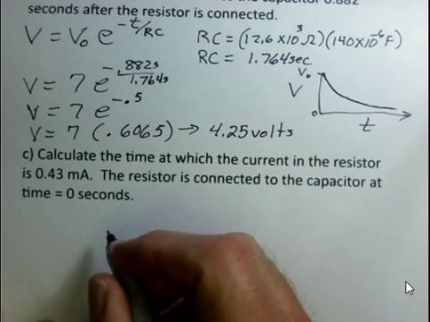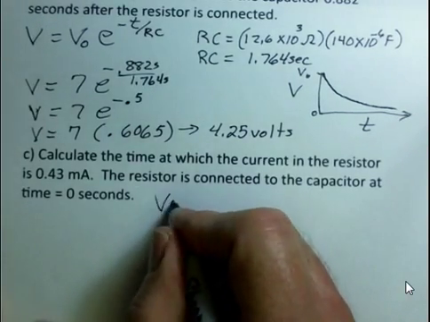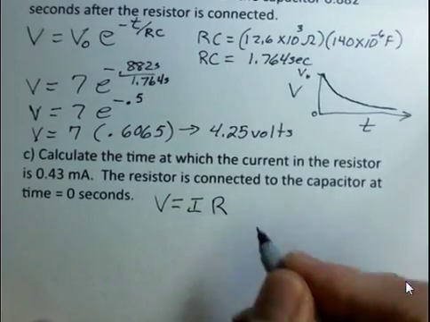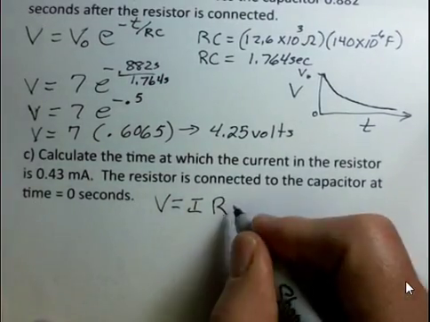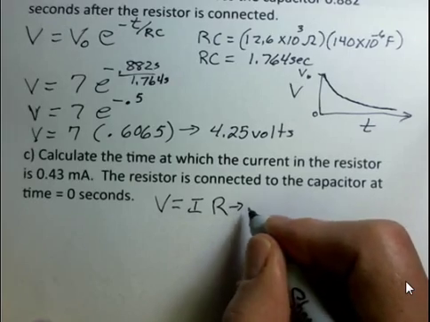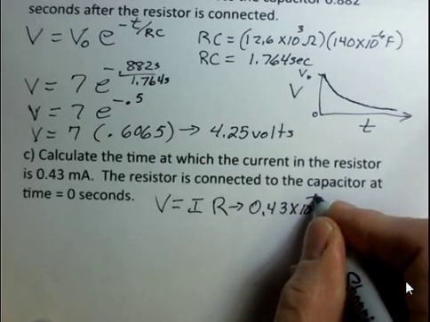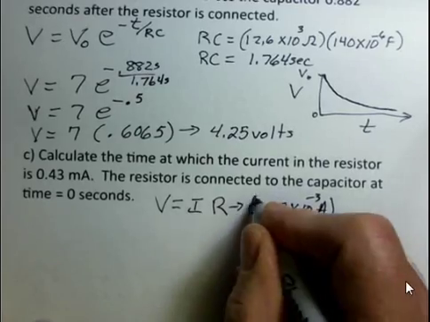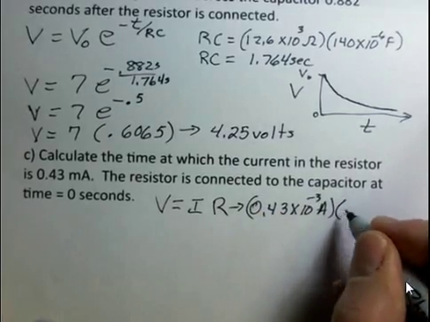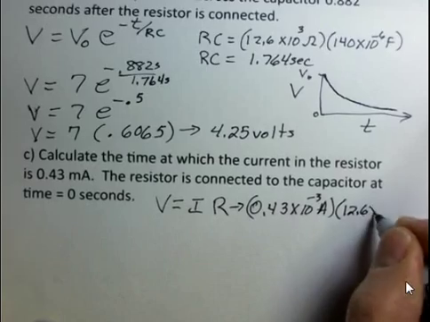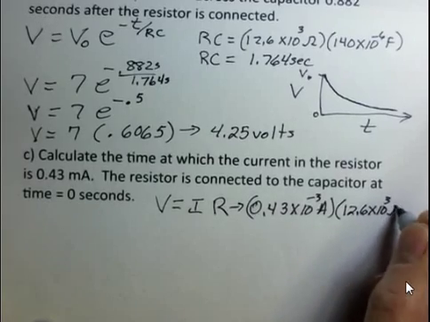We use V equals IR for the resistor, and we have a current of 0.43 times 10 to the minus 3 amps, and we have a resistor of 12.6 times 10 to the third ohms.